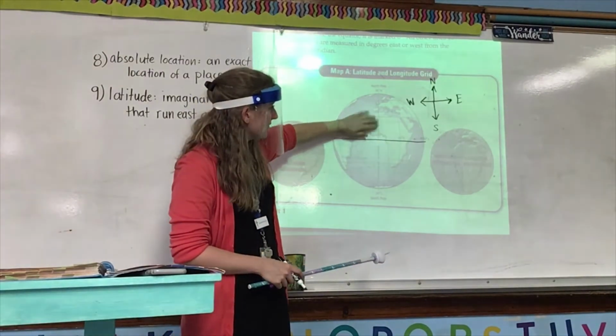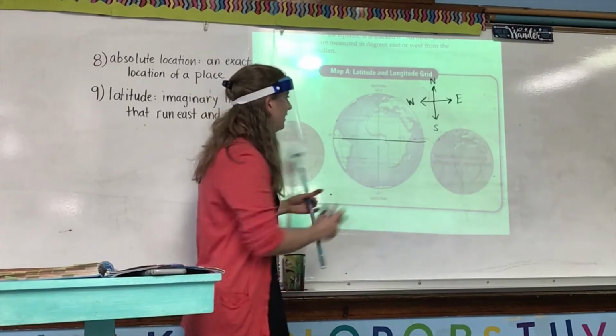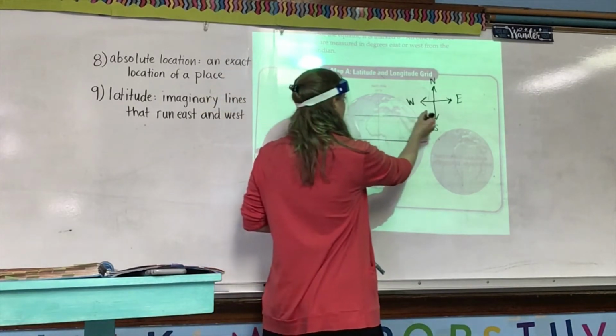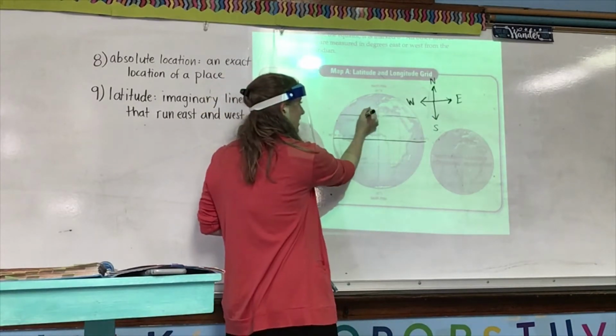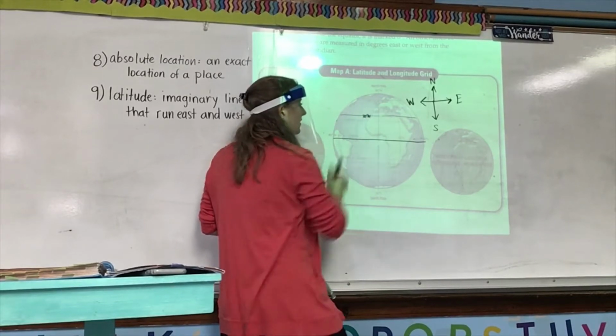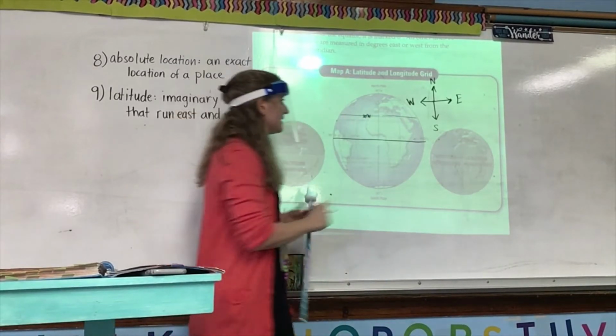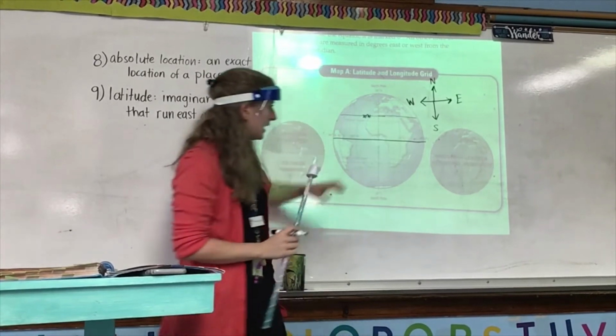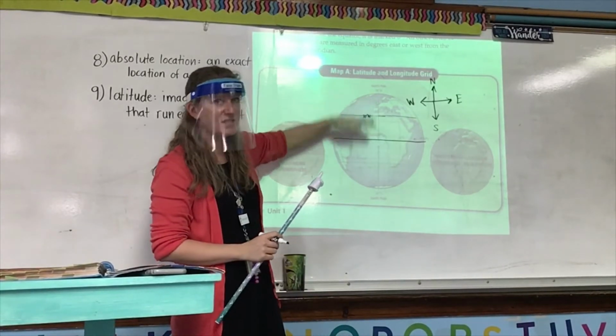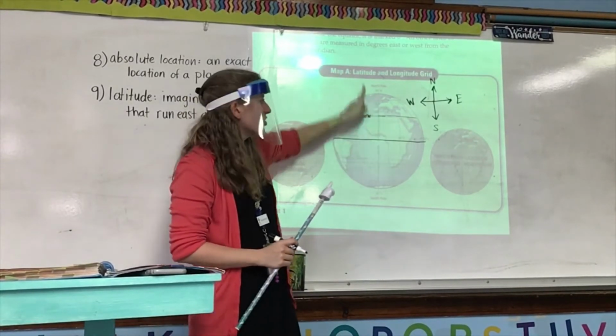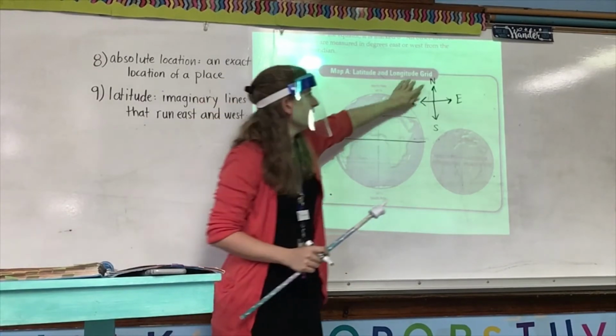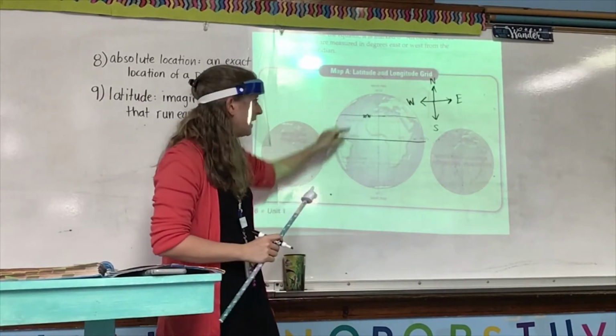All the other lines of latitude, so we see this one right here, that's marked 30 degrees north. That's because it is 30 degrees, that's how they mark it, but it is north of the equator. Remember, north is up when we're looking at a map.